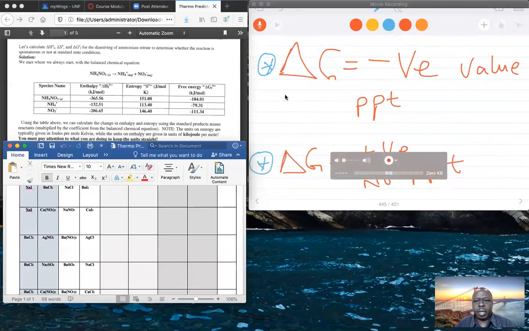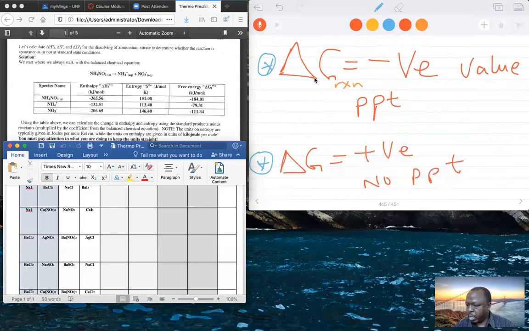If it is negative, then we say precipitation will take place. So let me be specific. This is at non-standard state. Wherever you see that there is no subscript O, then we are dealing with non-standard state.